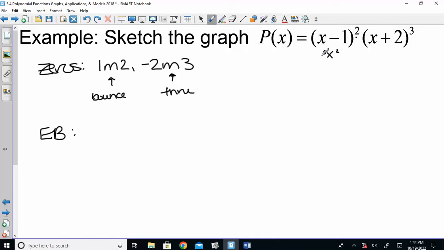End behavior. If I multiply this out, we would have an x squared times an x cubed, which gives me x to the 5th. So what should my end behavior look like? Should look like a cube.